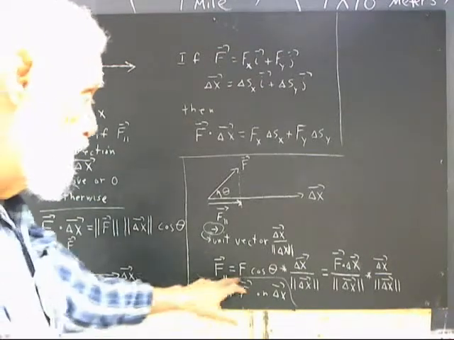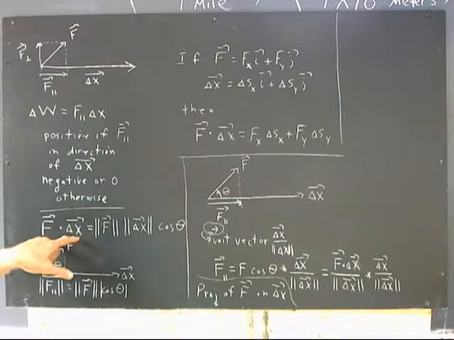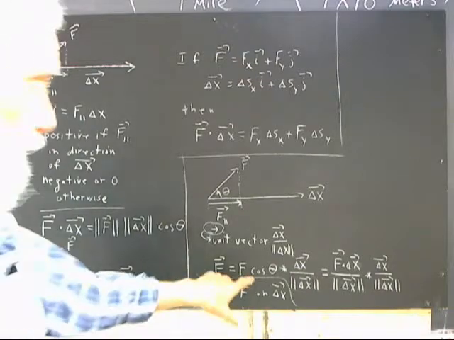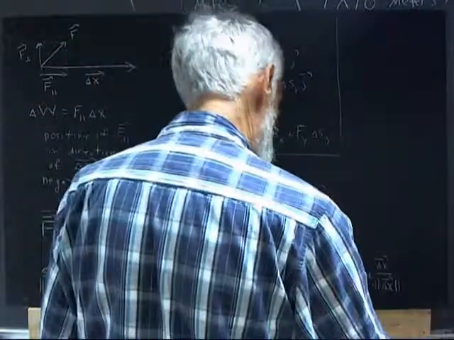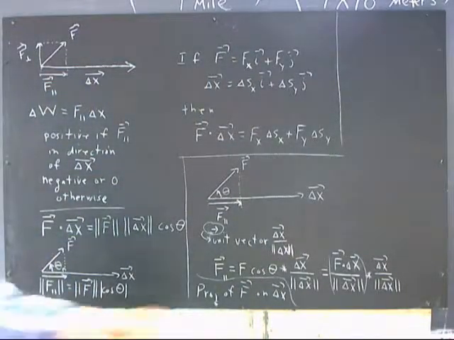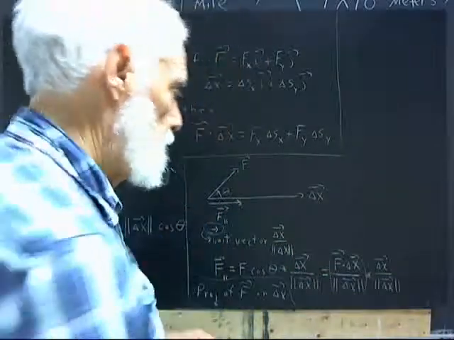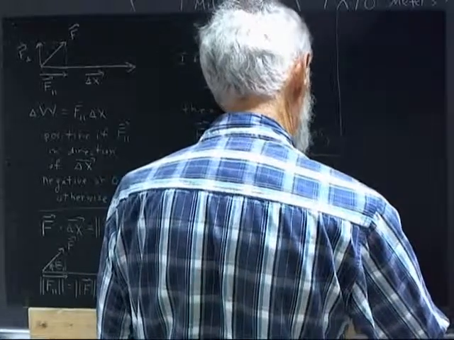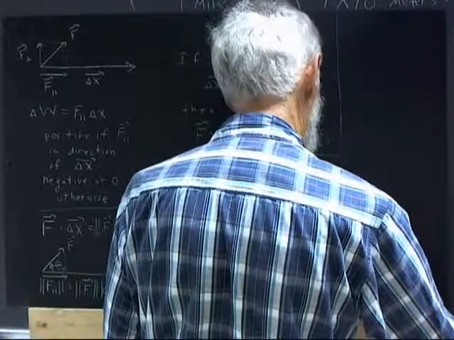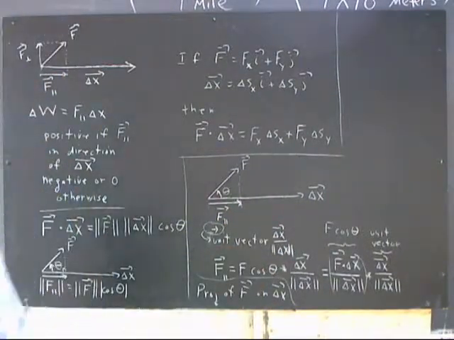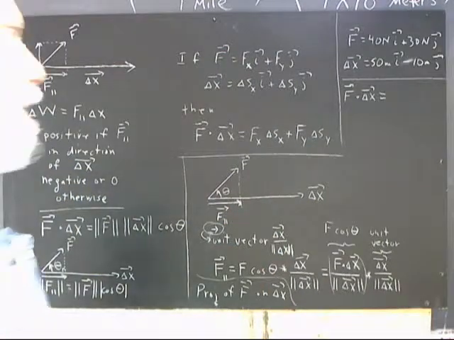So instead of F cosine theta, we can write this term. Those are parentheses, not absolute value signs. And then that's multiplied by the unit vector. So this is F cosine theta, and this is your unit vector in the direction of delta x.